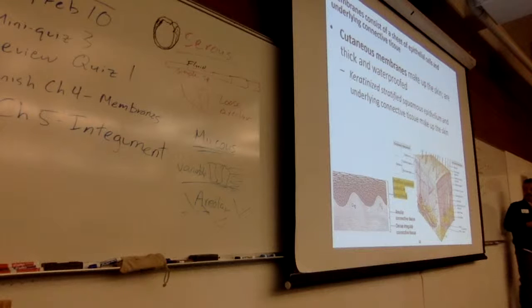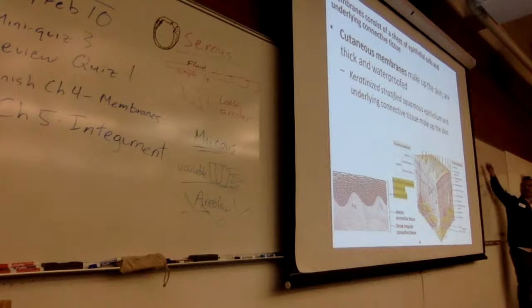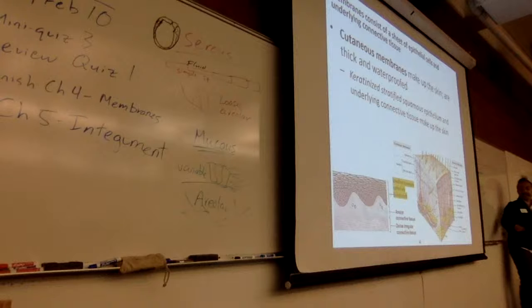I guess I'll just mention this now. Does anyone remember what connective tissue is at the deepest part of the skin? Adipose, fat. So adipose would be down here. If this is the cutaneous membrane, what's the term for below it, deep to it? Subcutaneous.